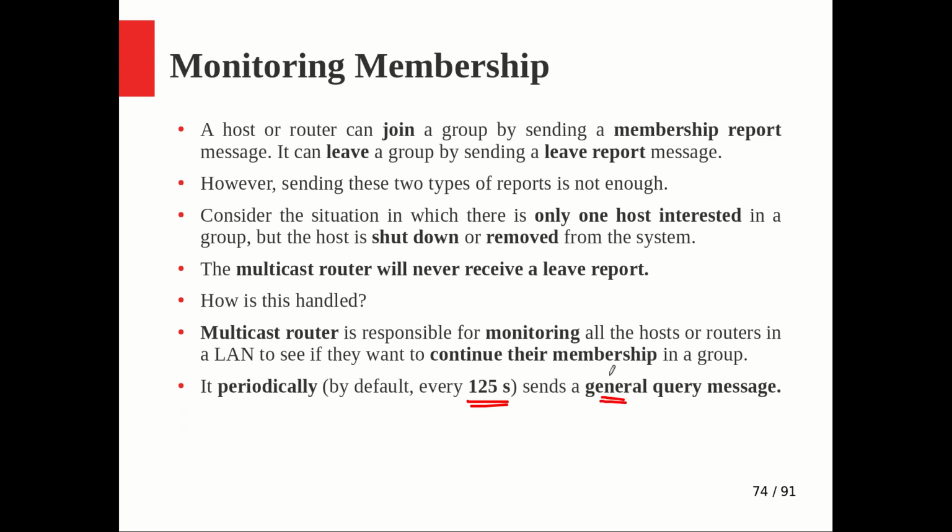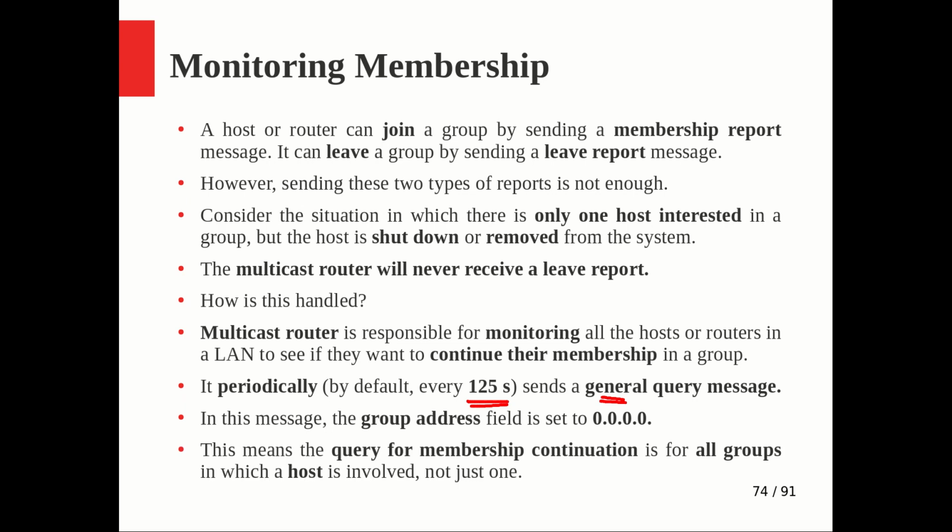This is where the general query message is used, and it is not specific to a given group; it is for everyone. That is why the group address will be all zeros in a general query message, something you have already seen. This means the query for membership continuation is for all groups in which a host is involved, and not for a specific group, right? That's the meaning of 0.0.0.0.